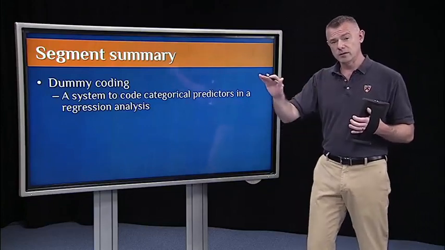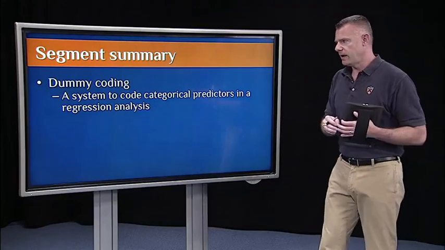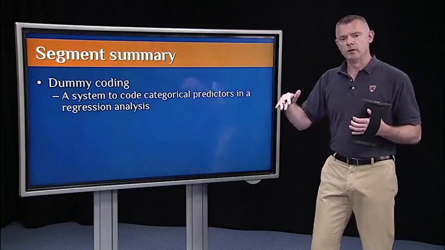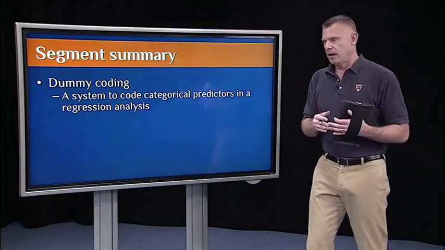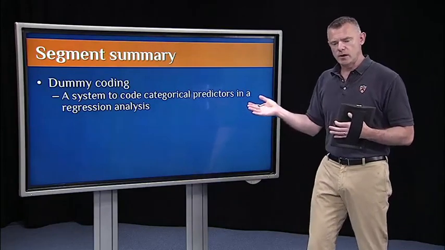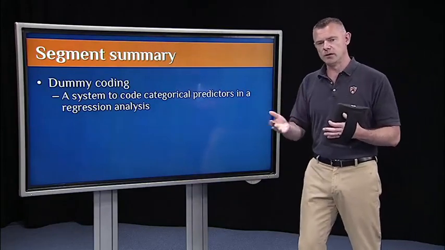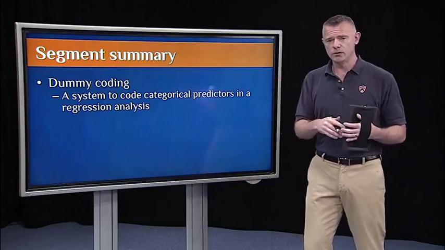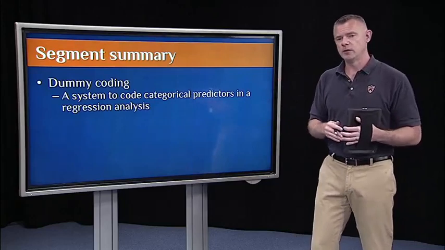That one gets all zeros across all the codes, and then you have just as many codes as groups minus 1. And that's it. And that allows you to look at categorical predictors in the same model as continuous predictors and put them together in moderation analyses, which is what we're going to do in lecture 13.